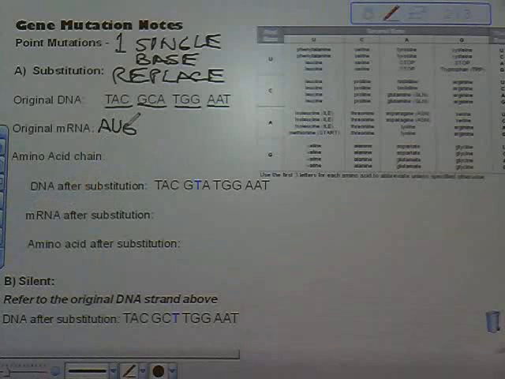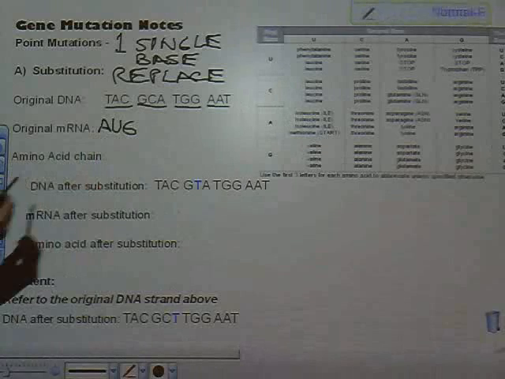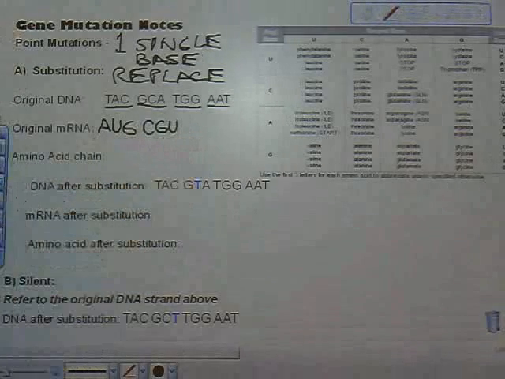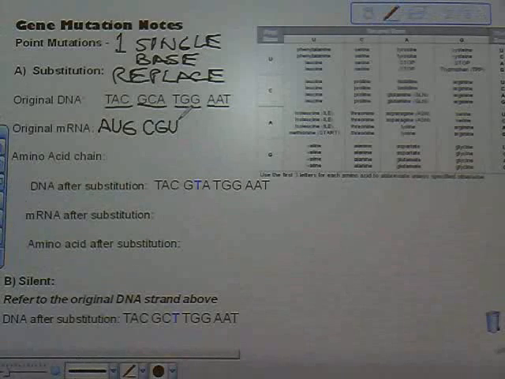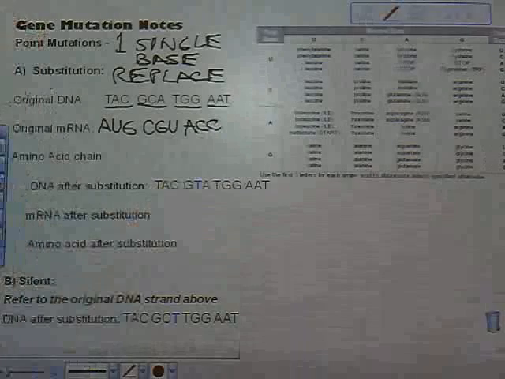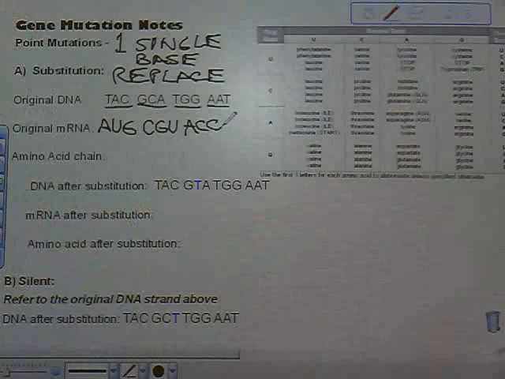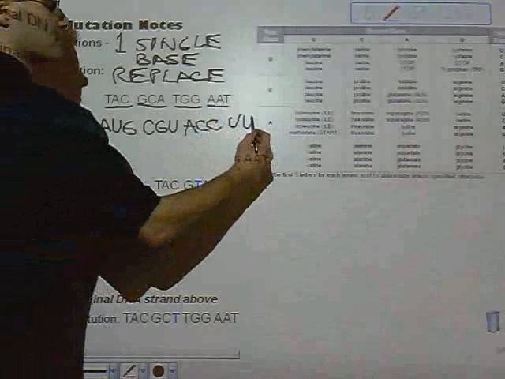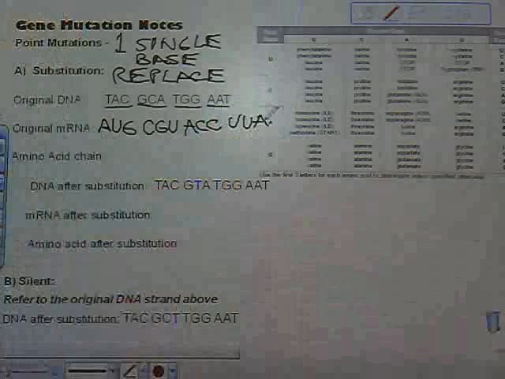Easy way to see if you're doing it right. Our next three are GCA, so just because of base pairing rules, we have CG and U. TGG is going to pair up with ACC, where are my college basketball fans? And AAT is going to pair up with UUA.